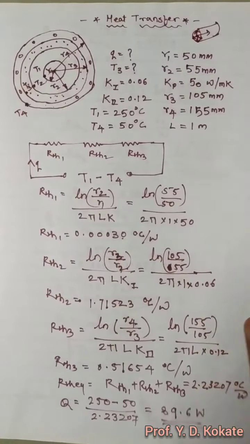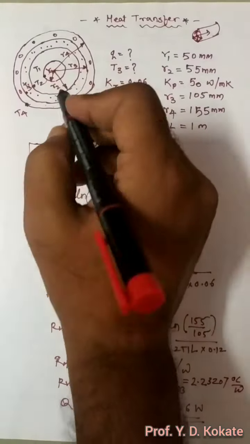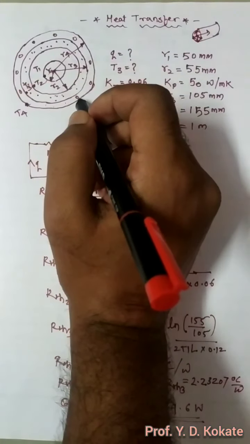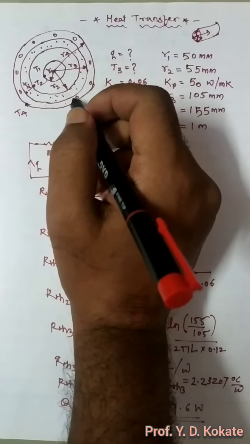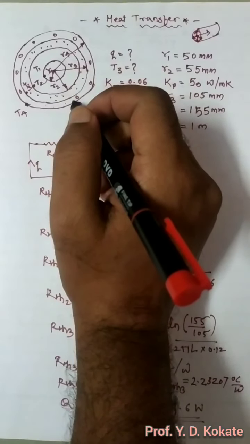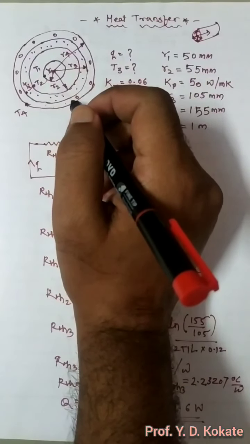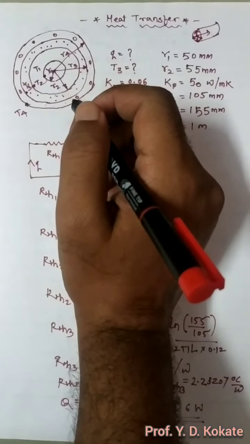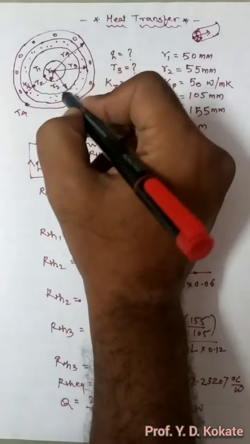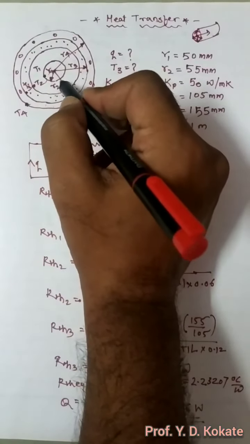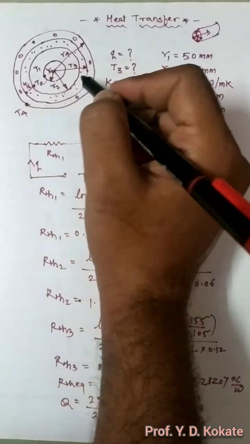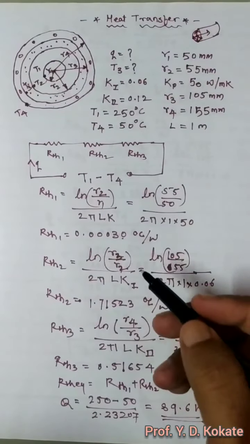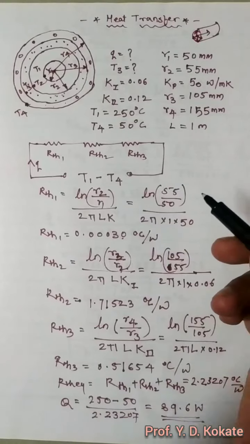So what is the conclusion from it? Whatever insulation is available with you, always check its thermal conductivity. Lower thermal conductivity insulation you have to provide nearer to the heat source first, and then higher thermal conductivity material after that.